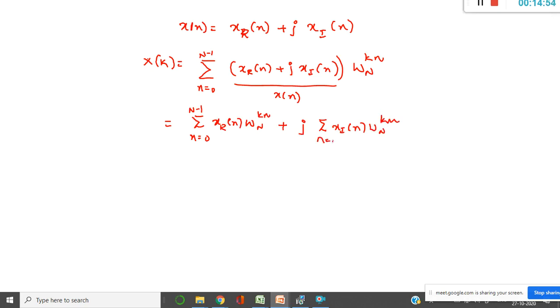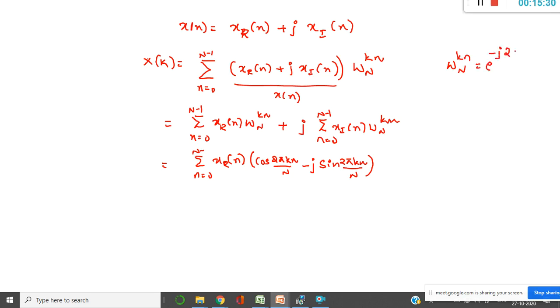Am I right? So in this way, I can replace this. Within this, I can split the summation, n from 0 to n minus 1, xr of n. What is wn to the power of kn? It is nothing but cos 2 pi kn divided by n minus j sin 2 pi kn divided by n, because wn to the power of kn is e to the power of minus j 2 pi kn by n.